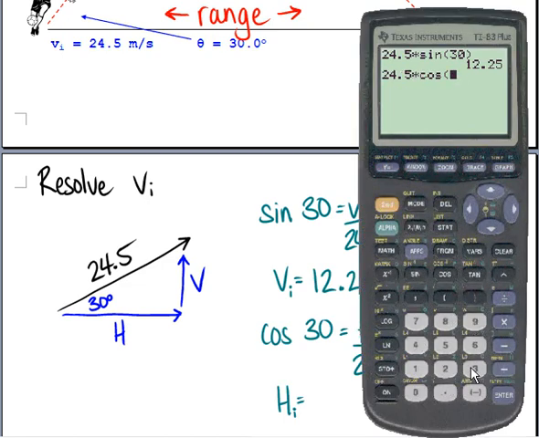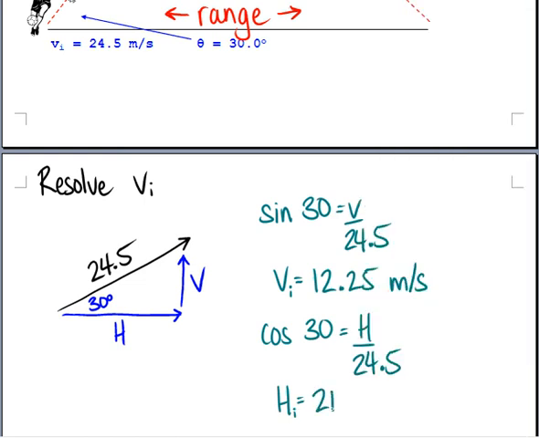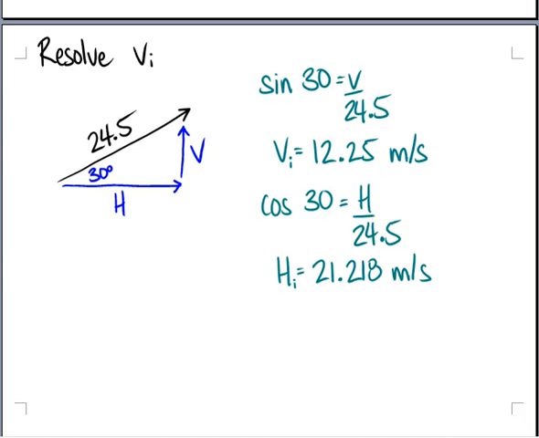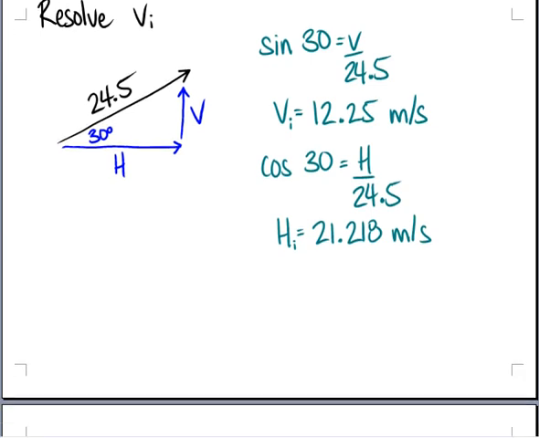I'll need a calculator for that. 21.218 meters per second. So there is the vertical velocity and the horizontal velocity, the initial velocities anyways, that are going to go into our two-column VFDAT table.